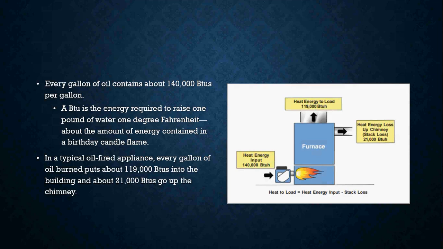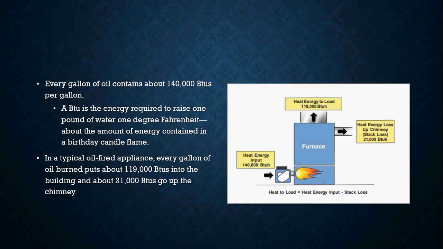Some of that heat is going to be lost out the chimney. But if a furnace or an oil-fired appliance is set up correctly, it typically is going to put out, again, about 119,000 BTUs minimum.